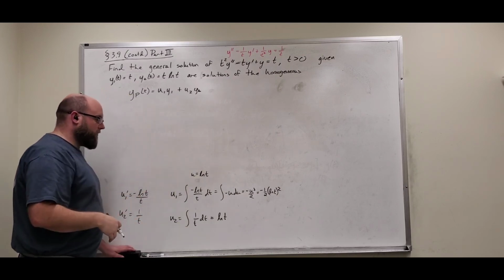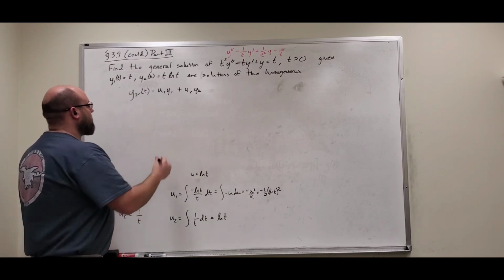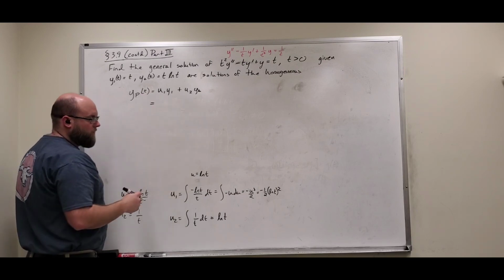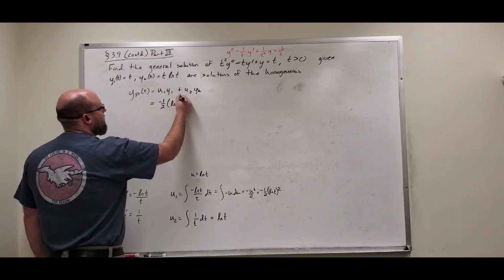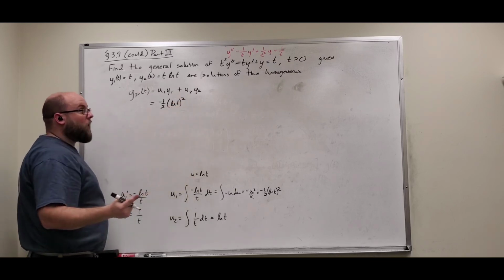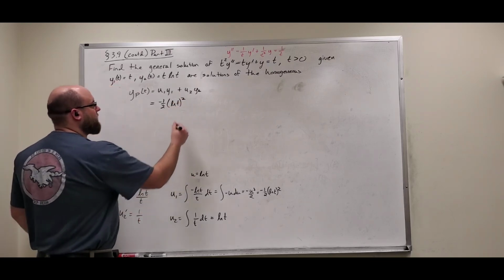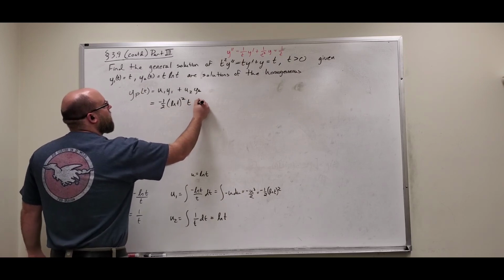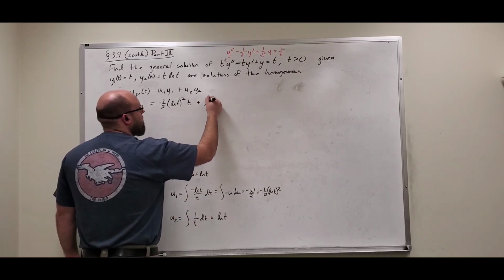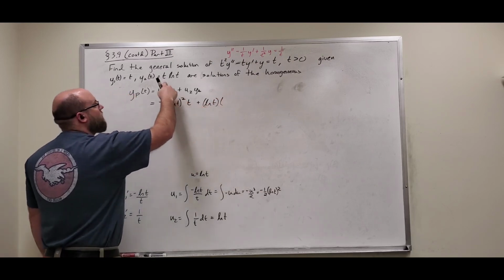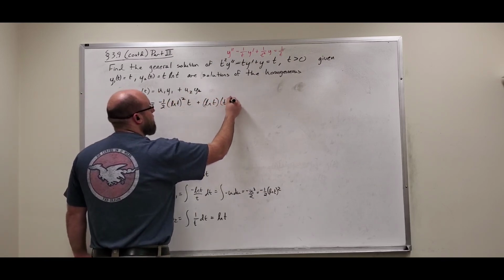All right. So finding our particular equation, we're going to plug everything back in. So we said u1 is this negative 1/2 the natural log of t, the quantity squared, times y1, which was given, which is our t here, plus u2, which is the natural log of t, times our t natural log of t.